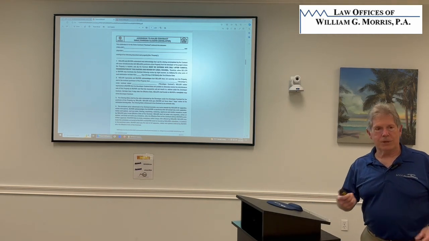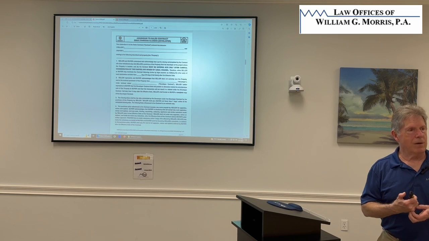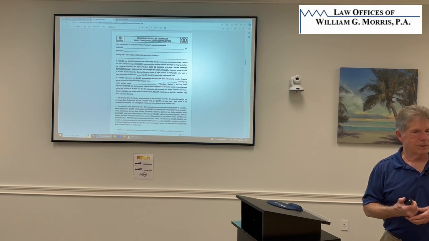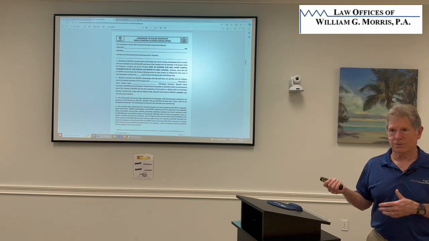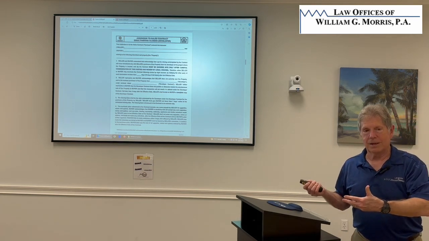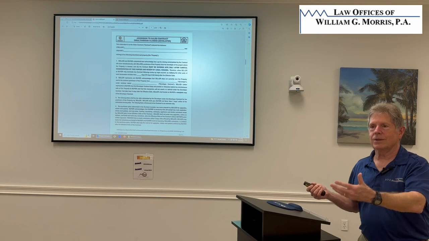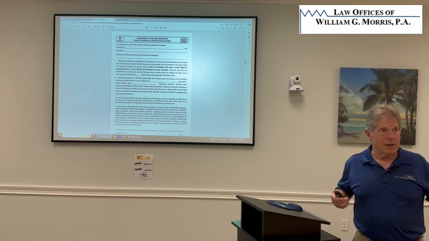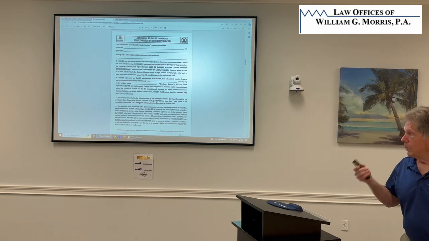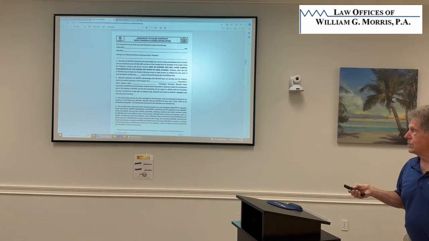We can't do a simultaneous closing unless we're involved with two different properties, right? Because this really has to be an almost simultaneous closing because we have to close the buyer from the developer, and then instantly after that, the buyer to the second buyer. And that's not simultaneous. It might look like it, but it's not, okay? But I just want you to be aware that those two things have to happen.